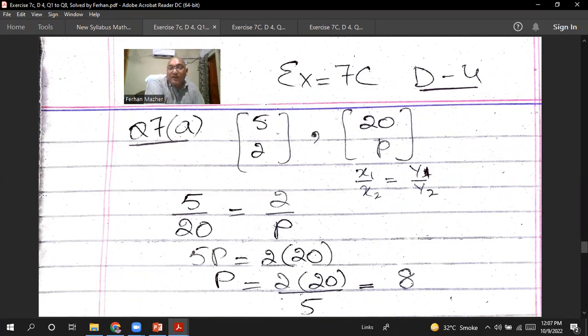So it will be 5 by 20 equals 2 by p. So cross multiply. So 5p will be equal to 2 into 20. So p will be equal to 2 into 20 divided by 5. So that will be 40 divided by 5, and that will be 8. So the value of p in this case is 8.